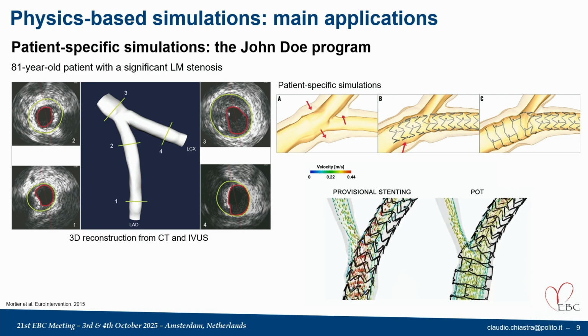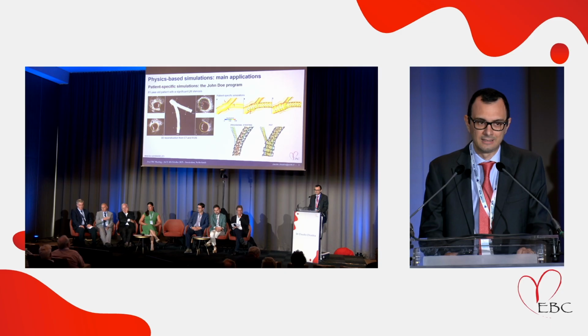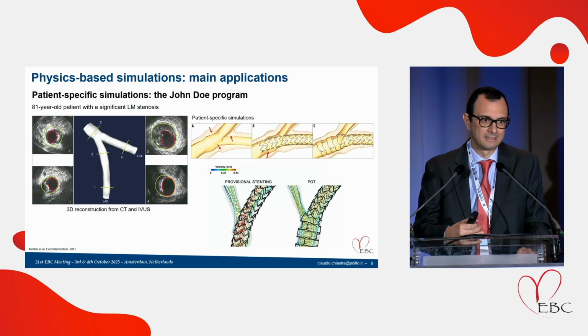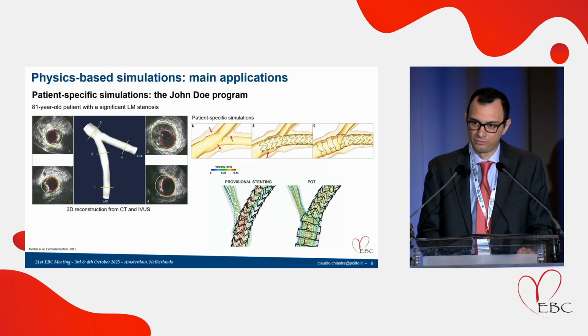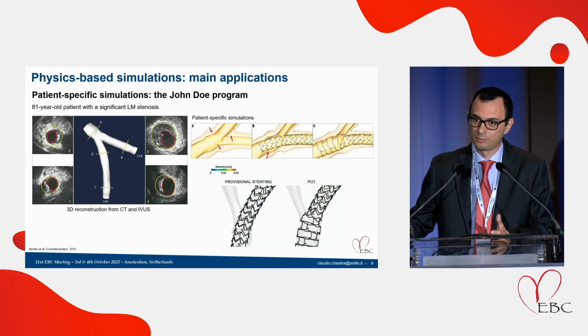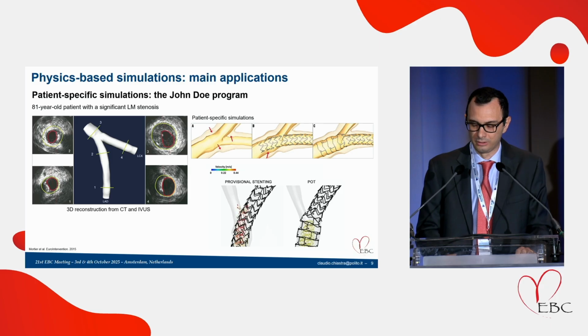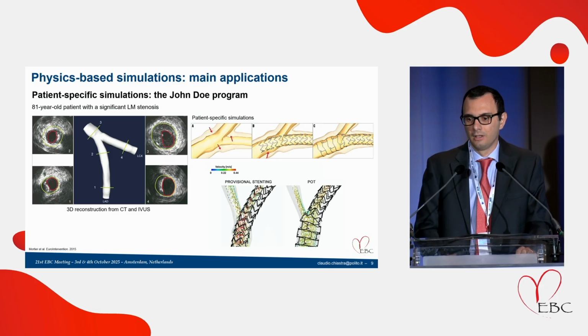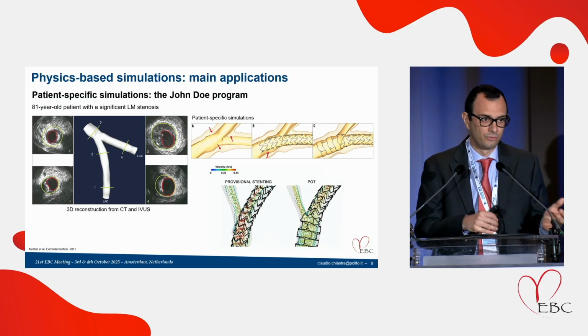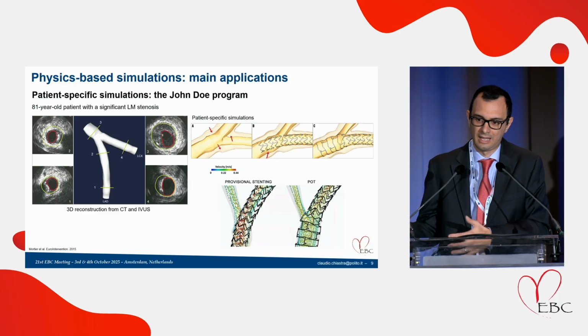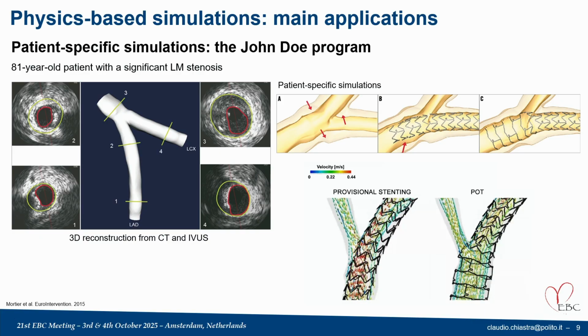We reconstructed 3-dimensionally this bifurcation by fusing CT and IVUS, and then we virtually replicated the stenting procedure that was applied to the patient. So basically, we followed all the steps that were applied to the patient in real life. And then we compared the results in terms of geometric quantities, structural quantities, and also fluid dynamics, considering the use of POT, so with POT or without POT.